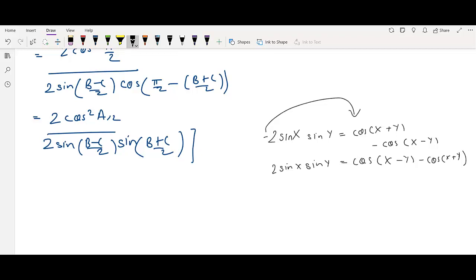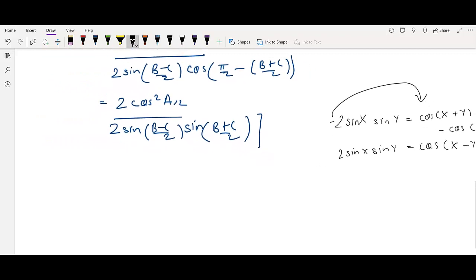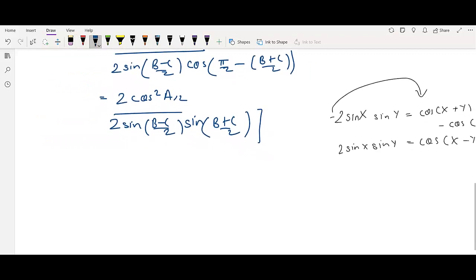I have 2 sine x sine y equals cos of x minus y minus cos of x plus y. So we can apply that here. Let us say that this is x and this is y.